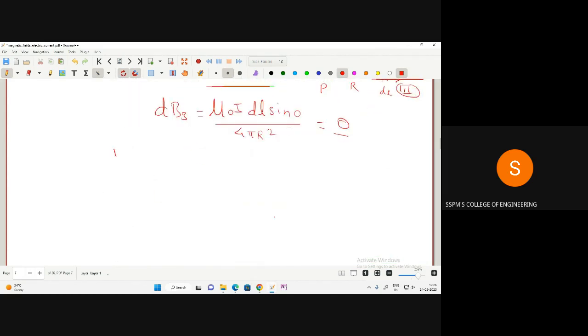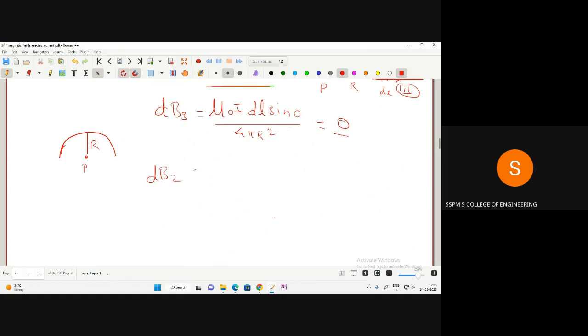For this semicircle we have to find the magnetic field at the P, and the radius of the semicircle is R, isn't it?